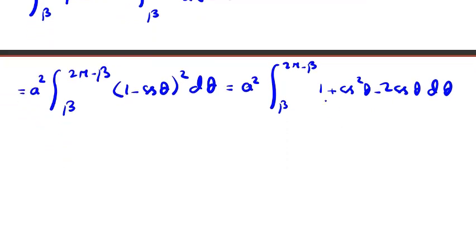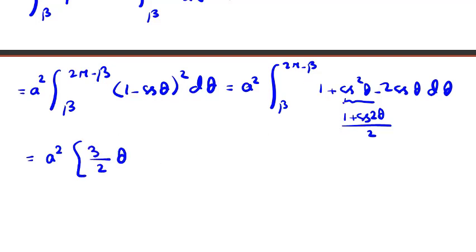So we consider each of them. Instead of cos squared theta, I write (1 plus cos 2 theta) over 2. The first one, a squared: we have 1 plus 1/2, which is 3/2, so 3/2 theta.